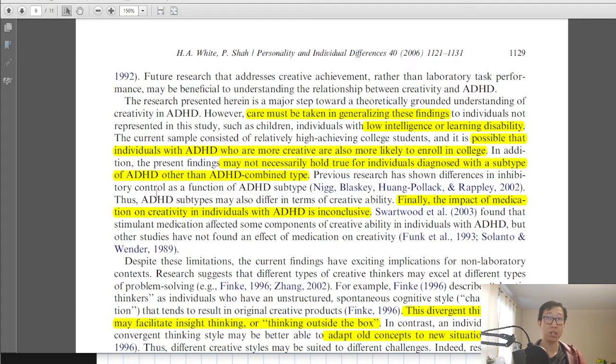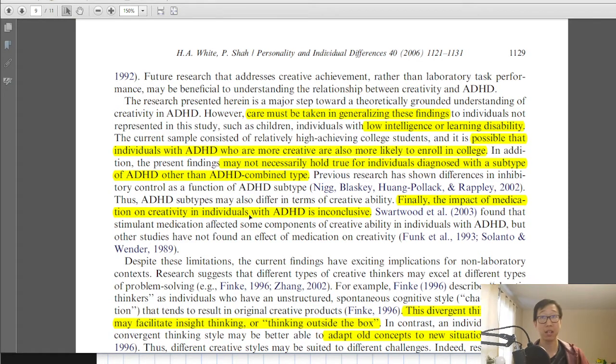Now, ADHD subtypes may differ, and the present findings aren't necessarily true for different subtypes of ADHD. We just don't know if there is a difference or if there's not a difference.